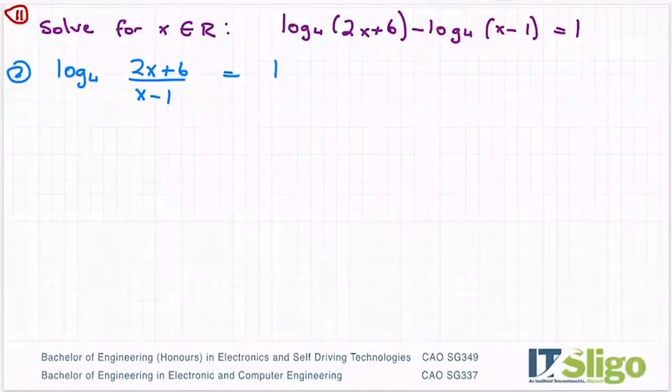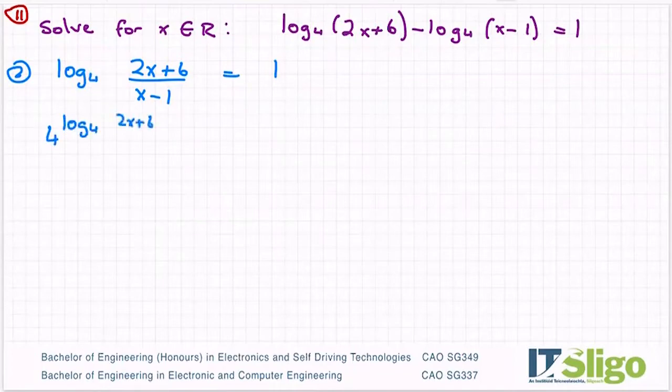So indices are the opposite. If I raise everything to this base number, so that's where I'm getting my 4, log to the base 4 of 2x plus 6 over x minus 1. What I do to one side, I have to do to the other. So I have to raise the right-hand side also to base 4. And log 4 and 4 cancels. That's why I did that in the first place.